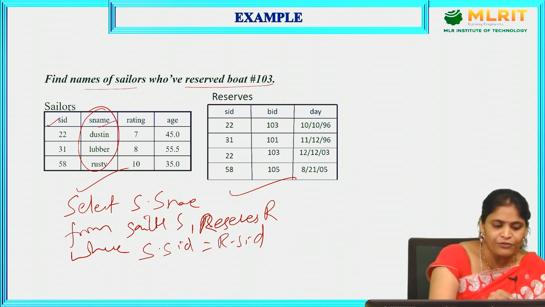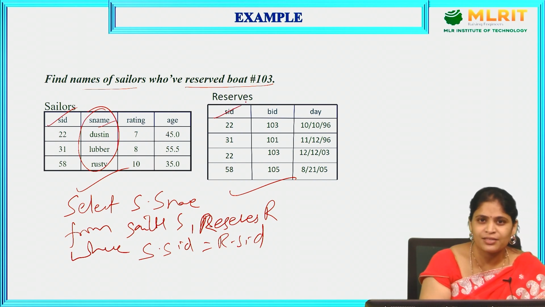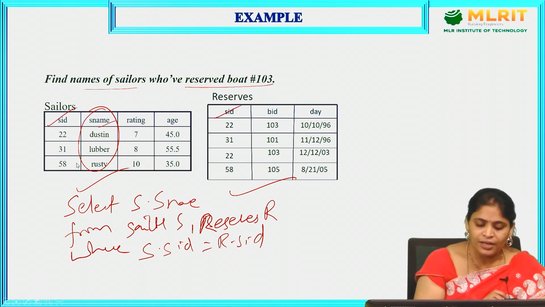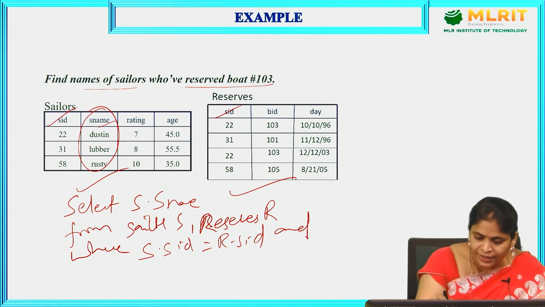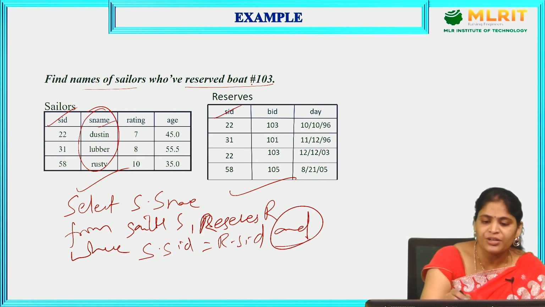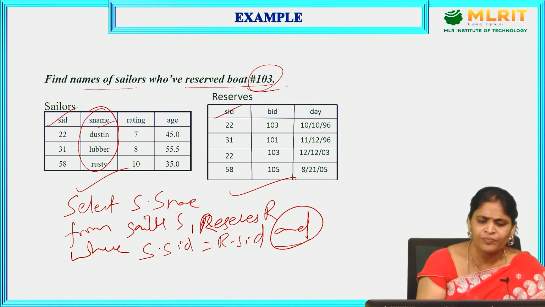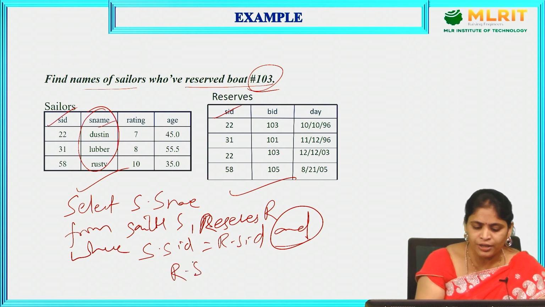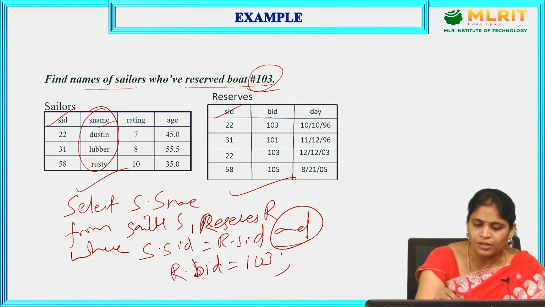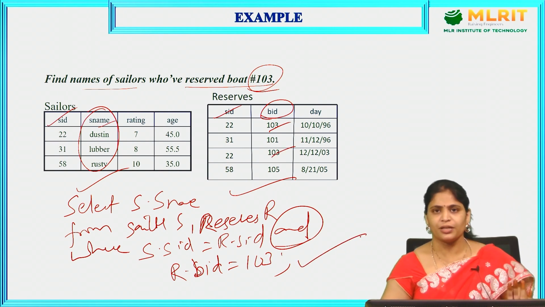That means we first compare these two SIDs, S.SID and R.SID must be equal. And what is the condition here? Who reserved boat number 103. That is R.BID is equal to 103. This is the normal representation, right?